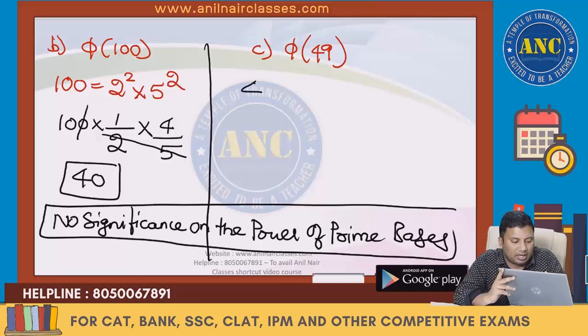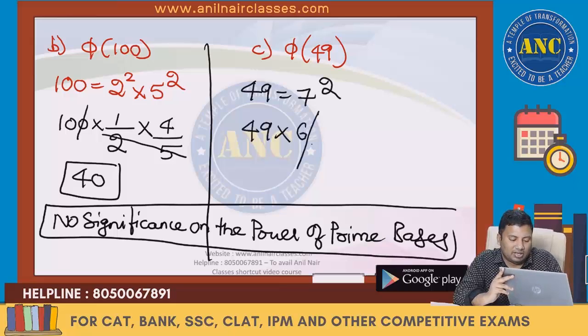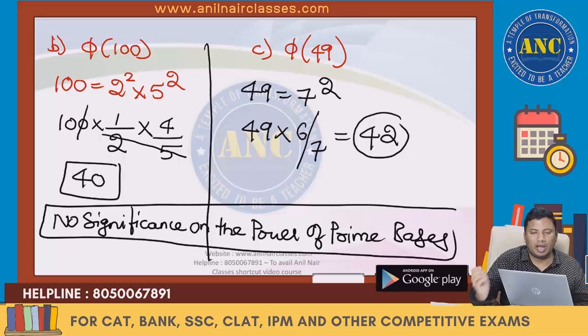49 is 7 square. So 49 into 1 minus 1 by 7, which is 6 by 7. So the answer for this question is 42. 3 examples to find the quotient function of n.